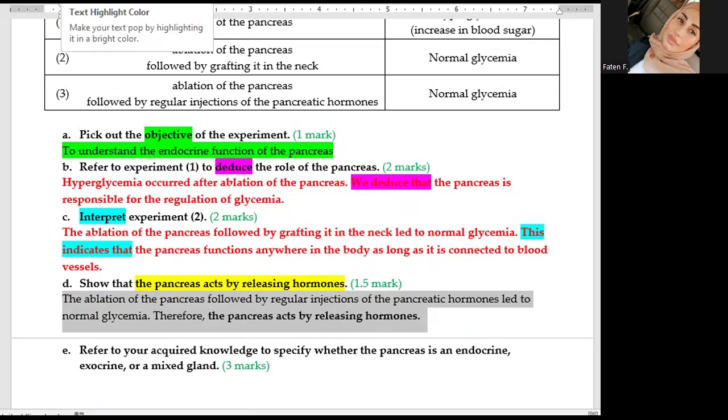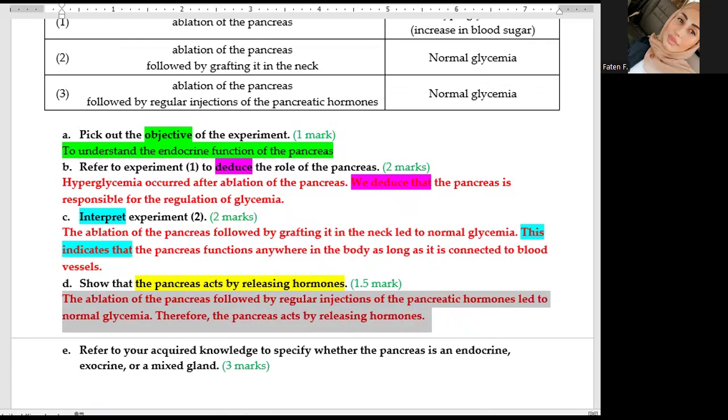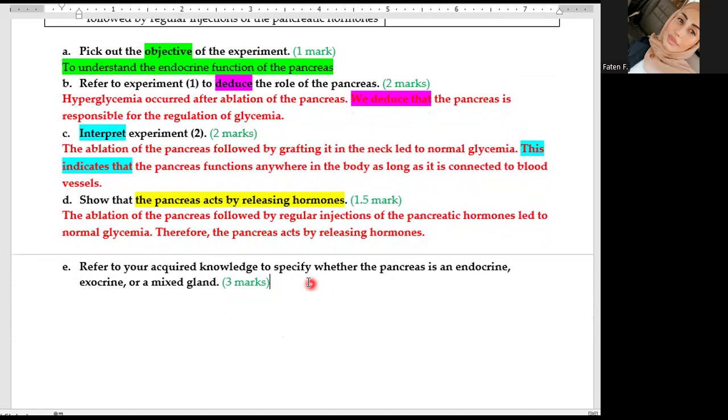So in experiment 2 we removed the pancreas and grafted it back. It worked normally when we connected the pancreas to the blood vessels. In experiment 3, no, we didn't do grafting. So the individual under study is without a pancreas. However, we did injection of hormones. Hormones were enough to fix the problem.